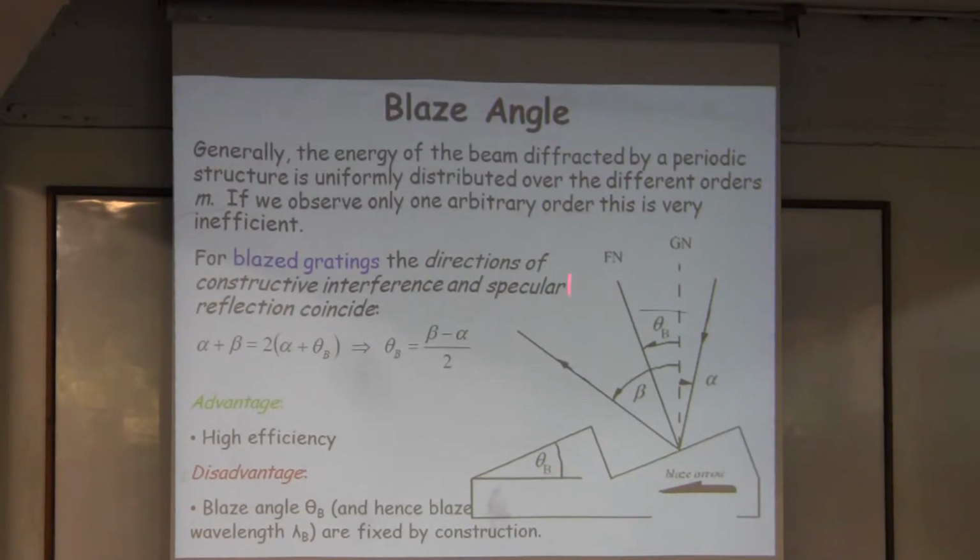If you want a very highly efficient grating, you should operate it to satisfy this condition, but that means you have to match the blaze of your grating exactly to the design of your spectrograph, so that the optics are such that the light goes in here and gets reflected here. So the blaze angle, the orientation of your grooves, already defines how you align the grating.